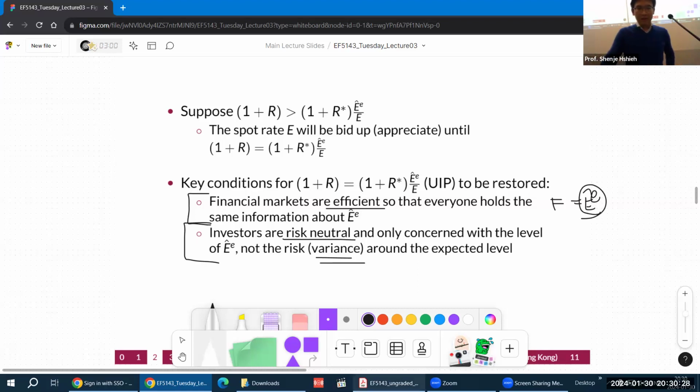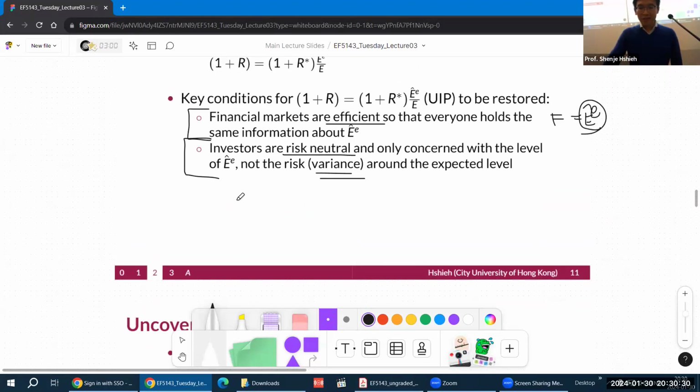So the example I gave you is imagine you have two gambles.